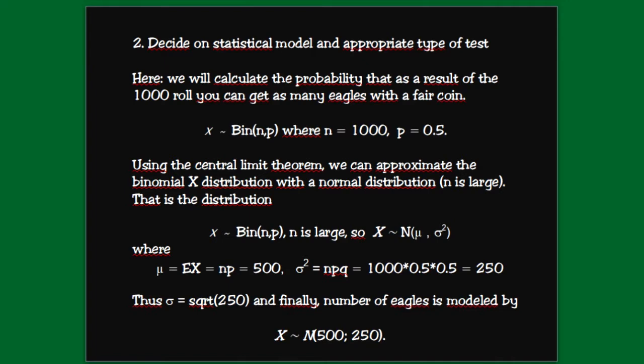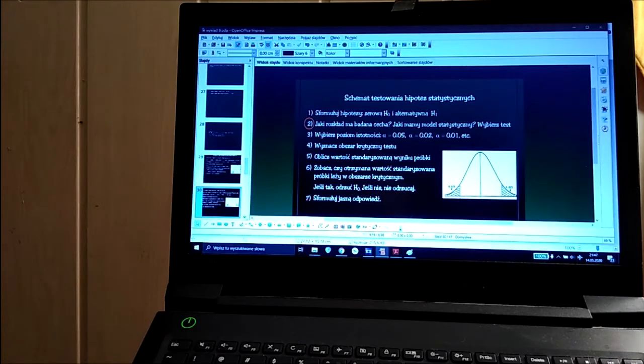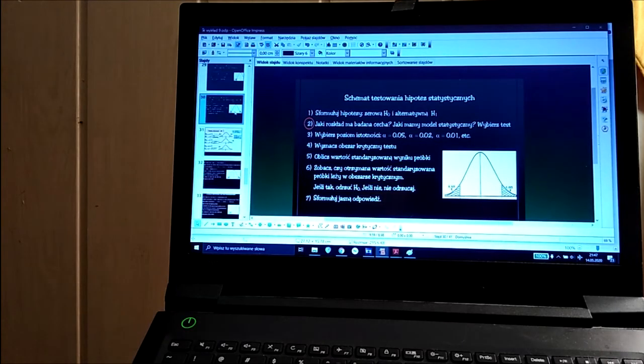So in our case, that was 500, and variance was the same as previously, so that was npq, so we obtained 250.